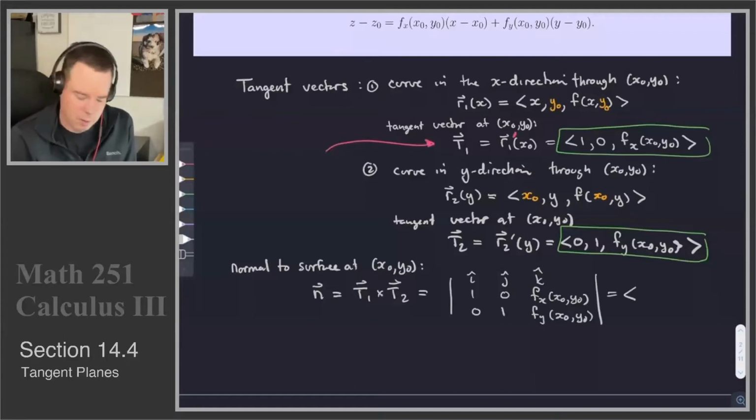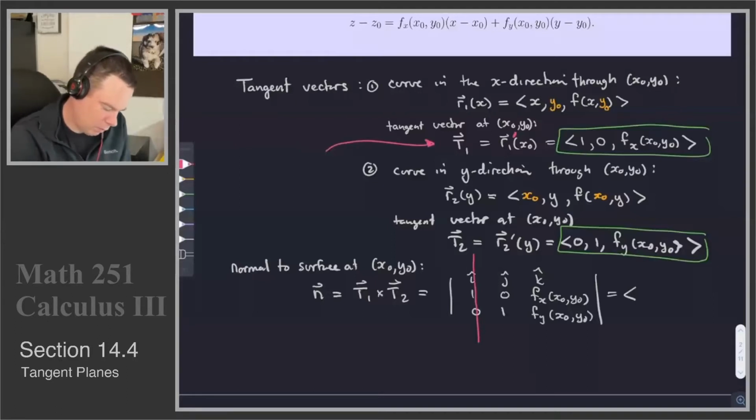So for the first component, we are going to cover up, I'll put this in a different color, we'll cover them up temporarily. We're going to cover up that one and take the cross ratio here. So that would be 0 times f sub y minus 1 times f sub x. So that's going to be a minus f sub x at x naught, y naught.